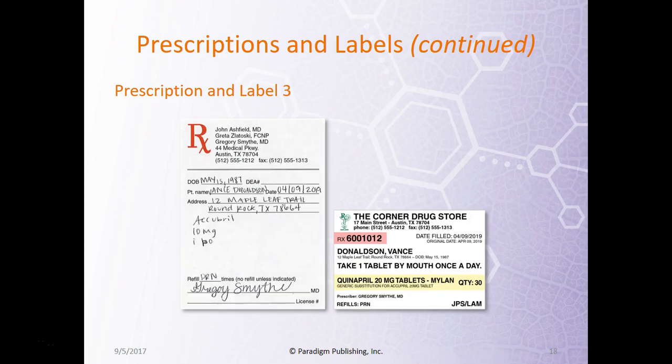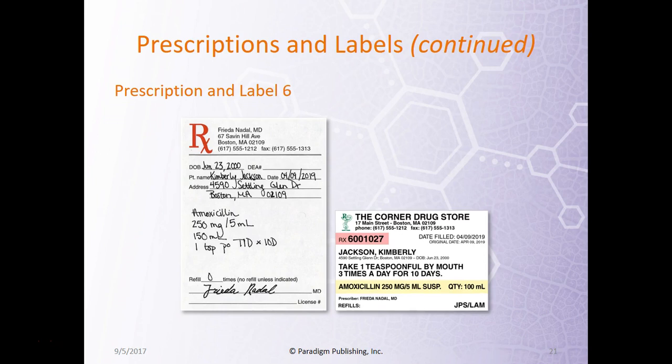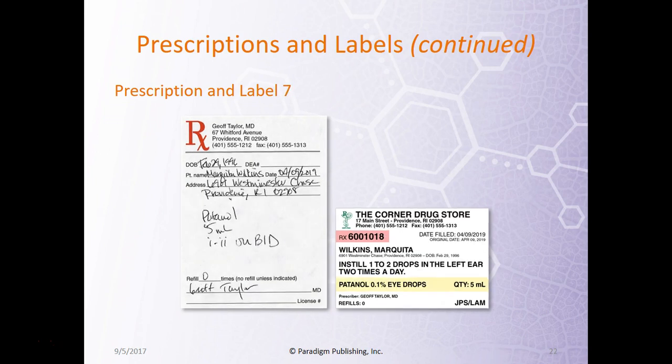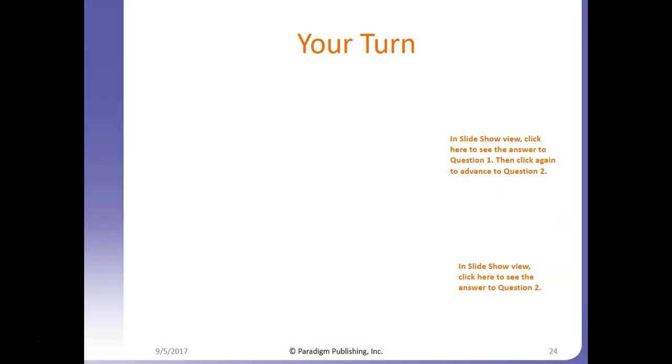And then you have another prescription for Vance Donaldson, and Miguel Esperanza, and Kimberly Jackson, Marquita Wilkins, and Jeffrey Klein. So prescription number 8 is actually an e-script. So remember, with e-scripts, there's an extra step in there that you want to verify the transmission date and make sure that that's in line.